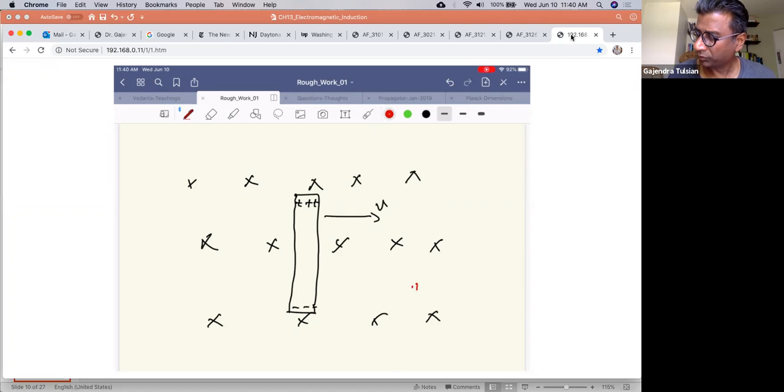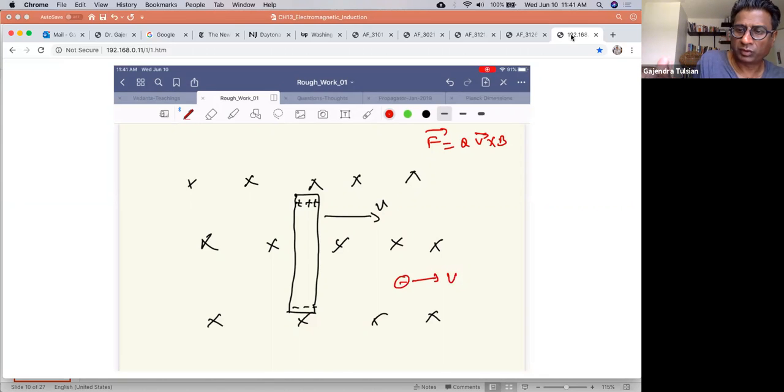If you have a positive charge moving like that, or we'll do a negative charge, moving in this direction, the force is Q V cross B. Use your right hand rule.